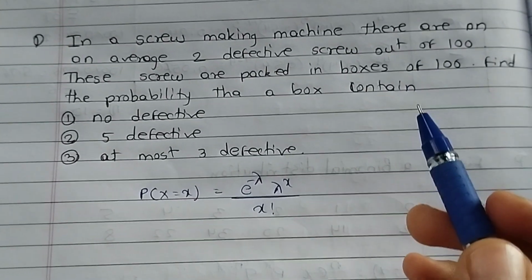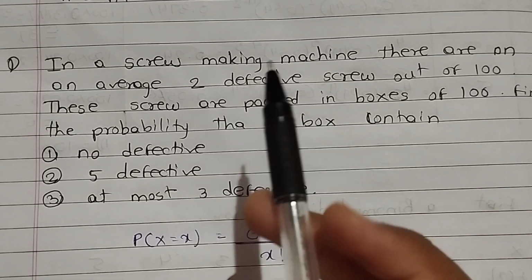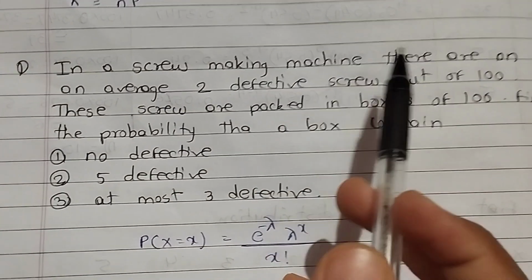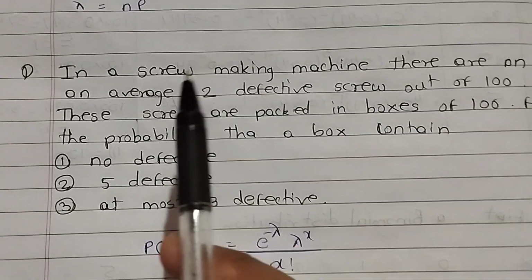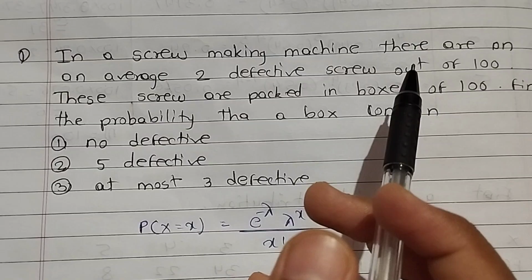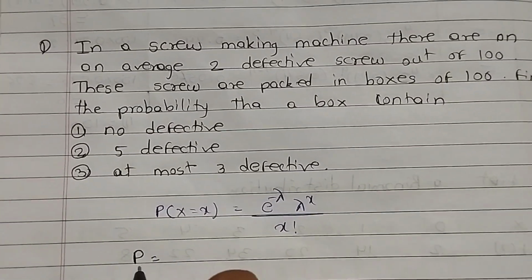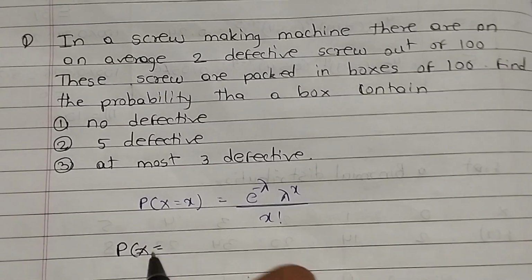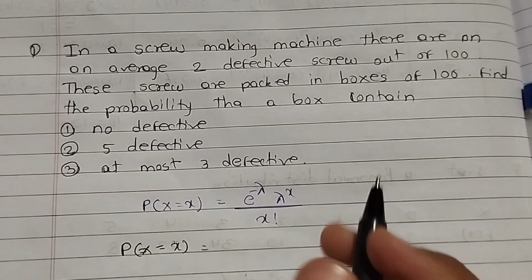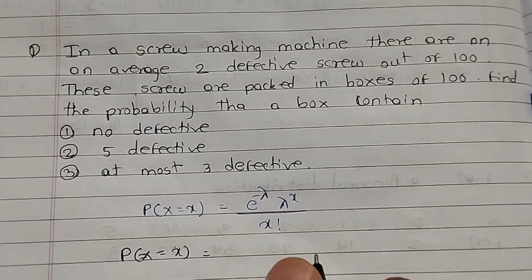So let's see. If we read carefully, then we observe that in a screw making machine there is on average 2 defective screws out of 100. So we know the definition of the probability. This is nothing but the number of samples selected from the total number of samples.